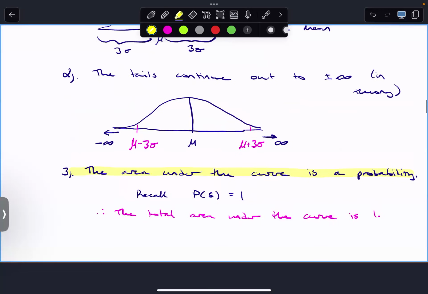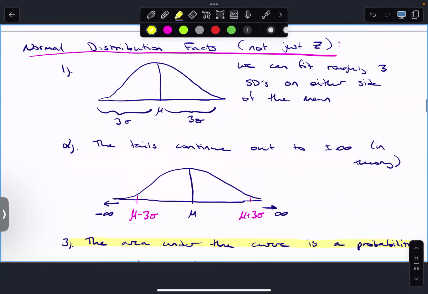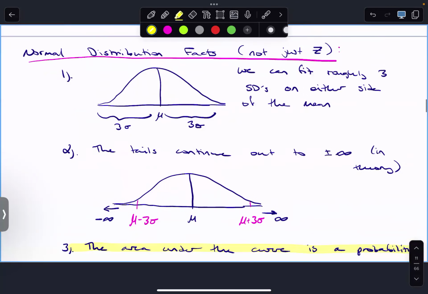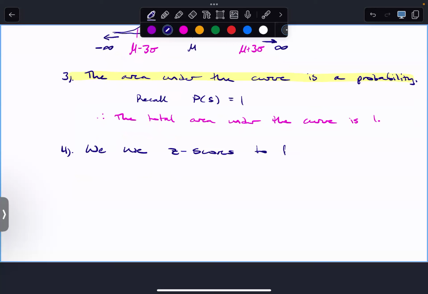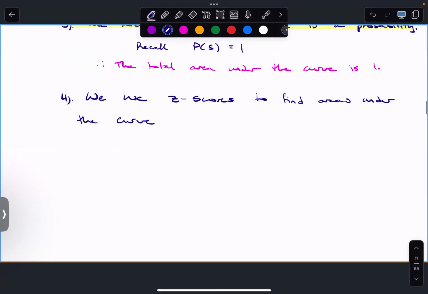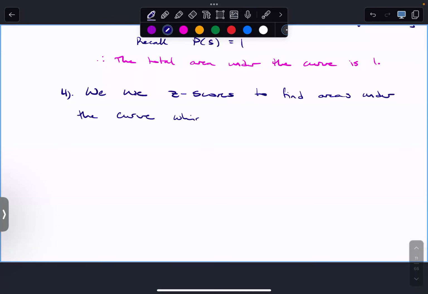Okay. Anything else I wanted to say here? We use z-scores to find areas under the curve, which are probabilities.